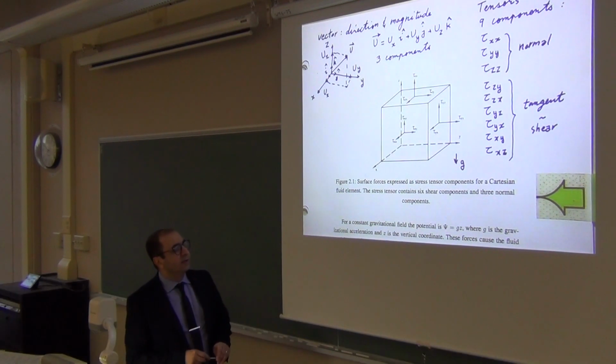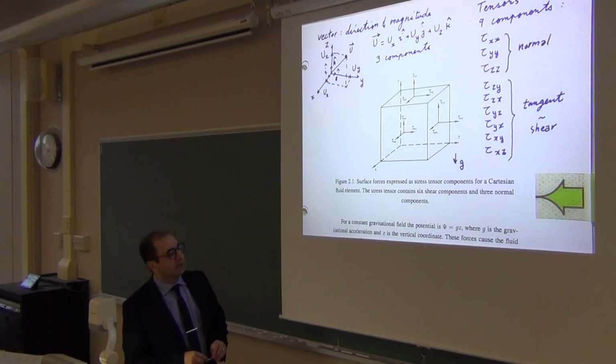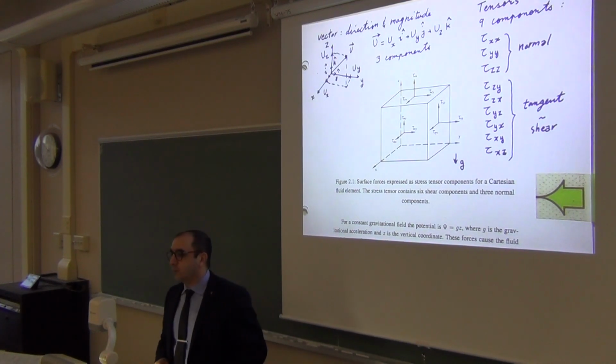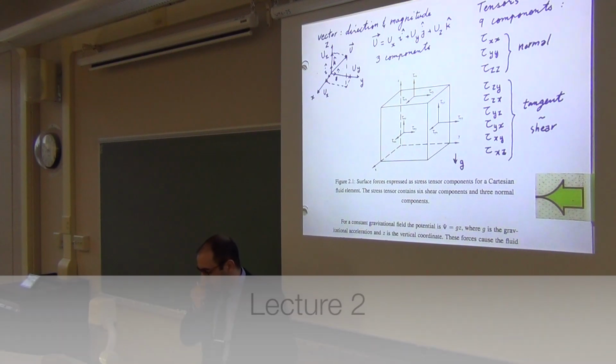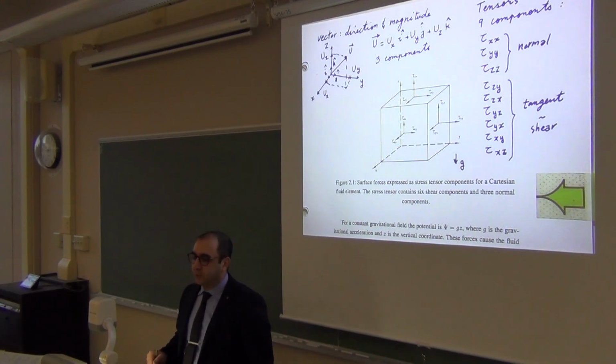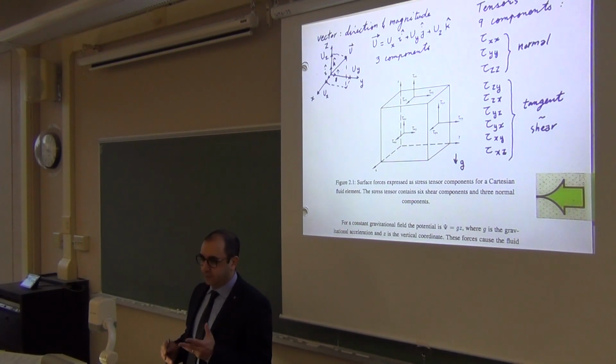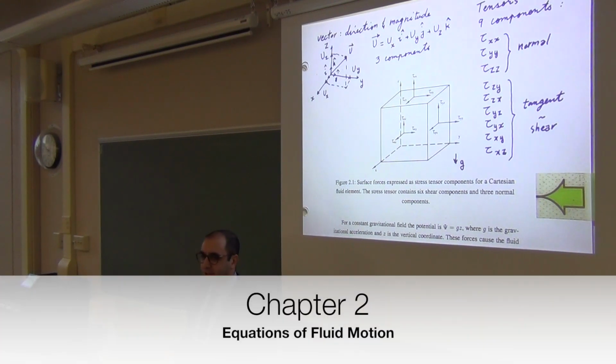Last time we discussed the ideas of vectors and tensors and how useful they are in formulating equations of fluid motion. We thought of a vector as having three components, basically one direction. There's some quantity that has a direction and magnitude, which fully characterizes it.